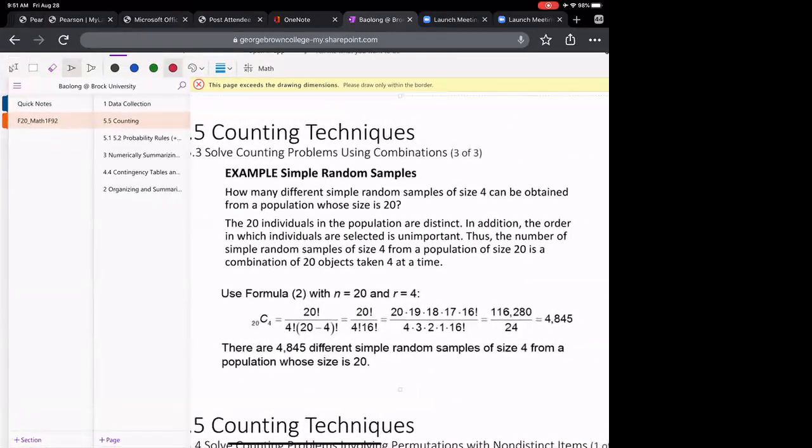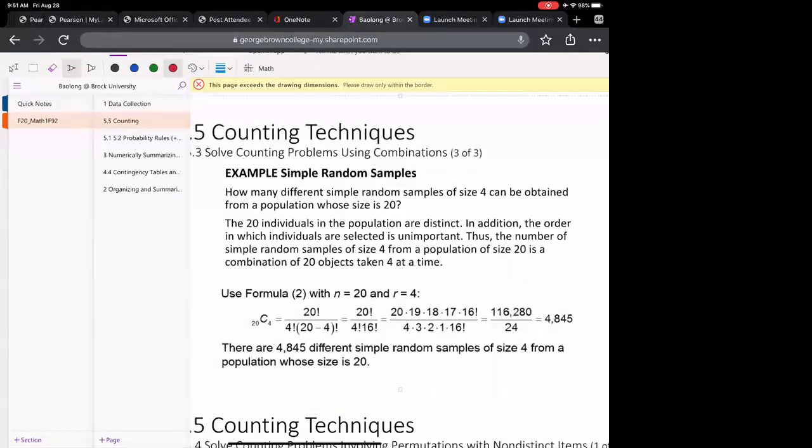So let's look at this example. Simple random samples. How many different simple random samples of size 4 can be obtained from a population whose size is 20? Okay, so I want to select 4 objects from 20.